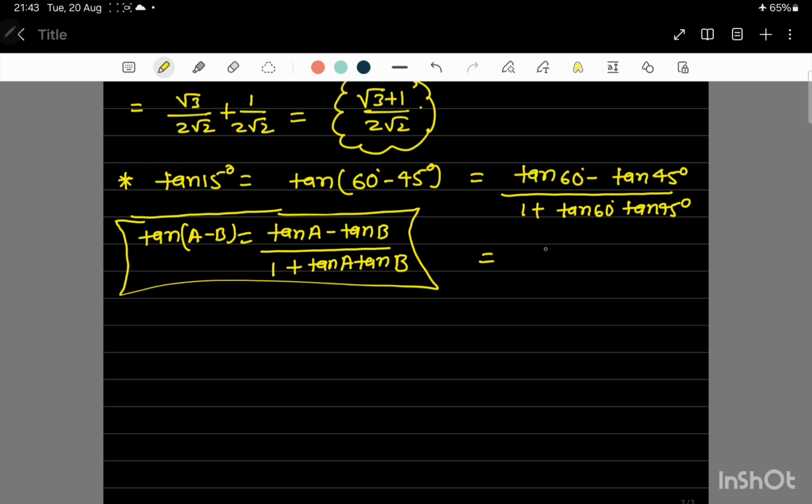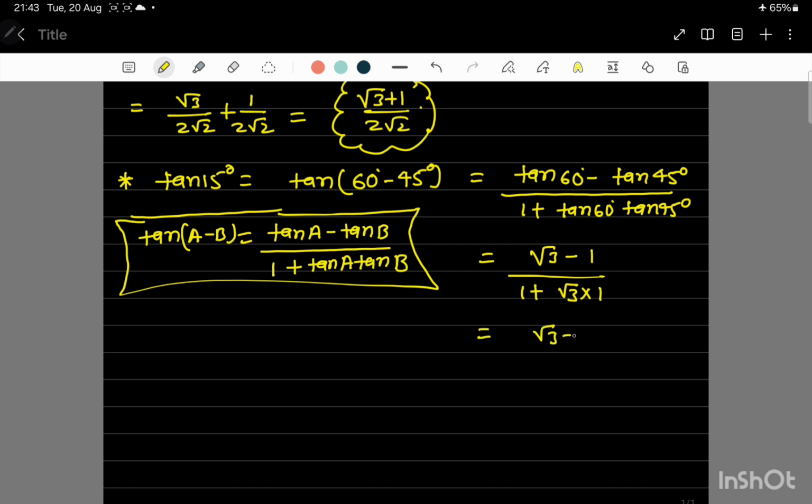So tan 60 degree value is root 3 and tan 45 degree is 1.